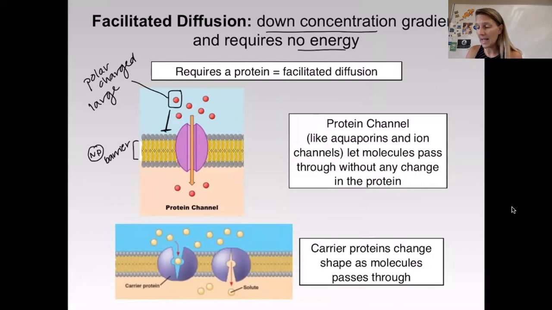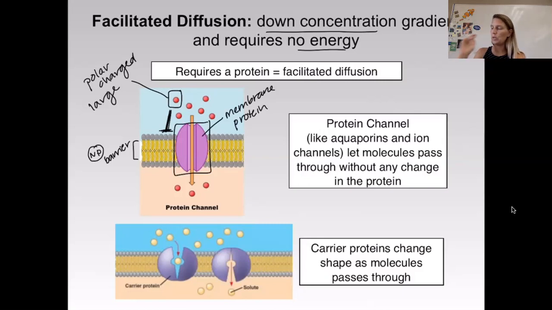So instead, what they're going to do is use a membrane protein. You're going to use that membrane protein just as a vehicle to get across, all right?